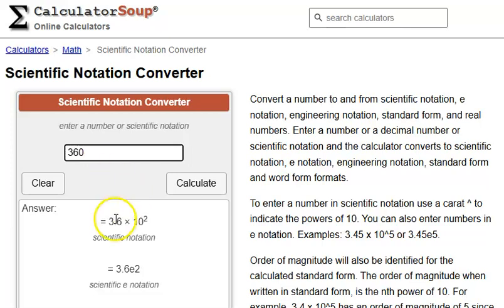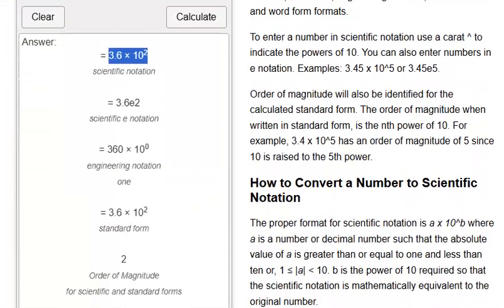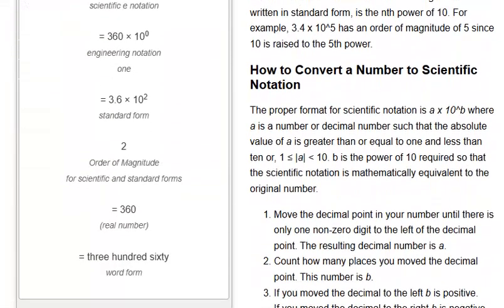The scientific notation is written as 3.6 for this particular expression.